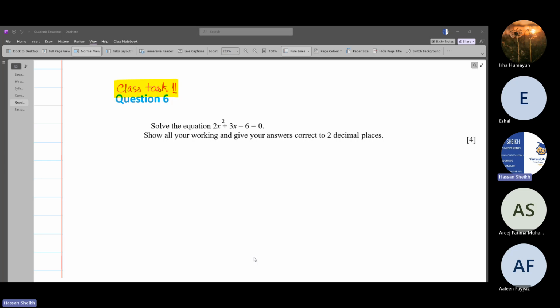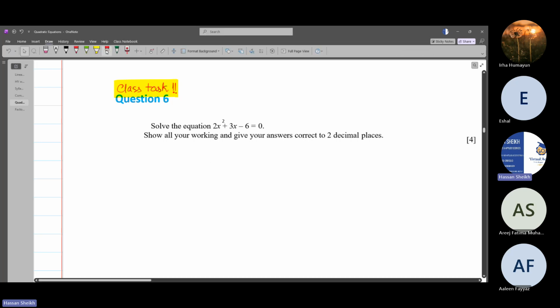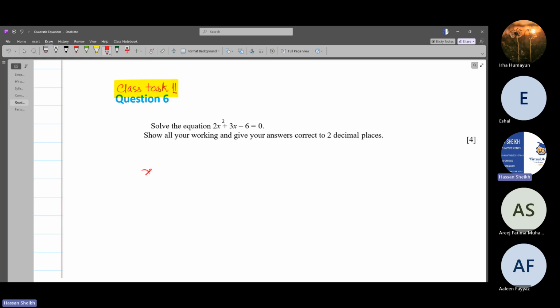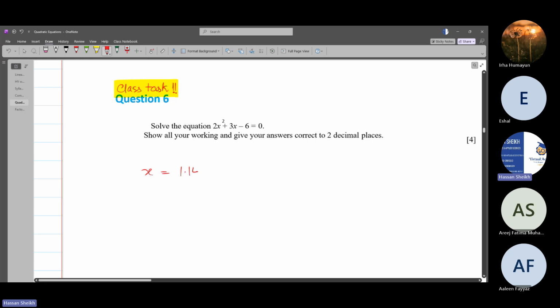Yes, you all got it correct, except the first time you just answered without rounding it off. So the first value is 1.14 because it is 1.137. So rounded off to two decimal place makes it 1.14. And the second value is minus 2.637. That's why it is rounded off to minus 2.64.